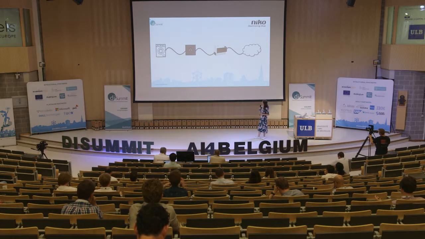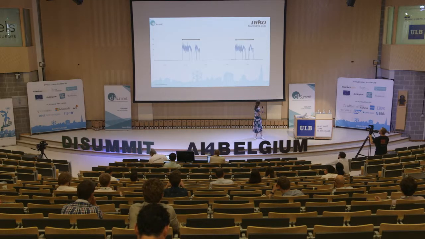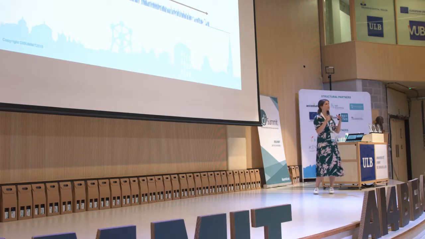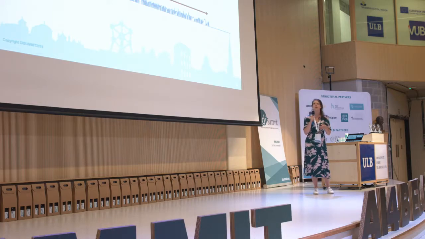First thing that we need to do is to detect which appliance is connected to the socket. So in order to do that, we extract some features from the energy logs, like the minimum, maximum, and so on. And then we apply a support vector machine or a random forest to it to find the appliance type.